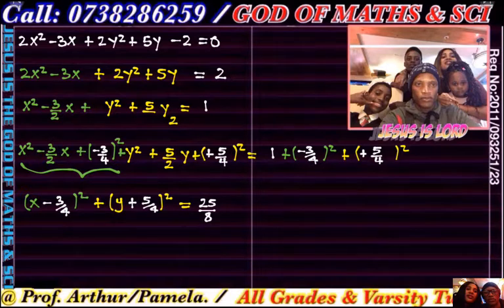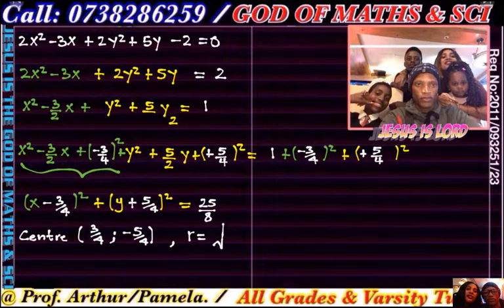Just check with us. Now, I want you to understand that the center is going to be 3 over the 4, semicolon, the other one is negative 5 over the 4. And then you know that the radius must be the square root of 25 all over the 8.